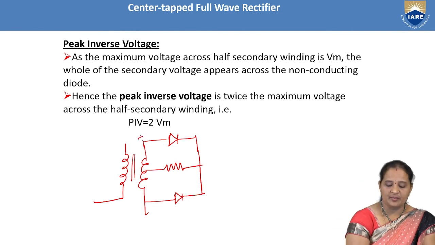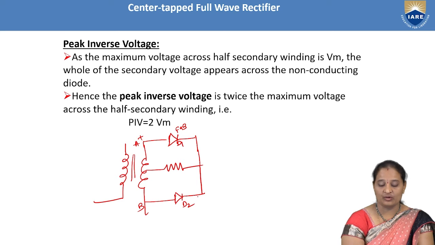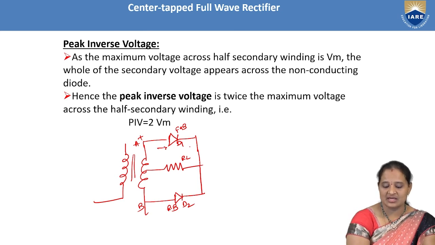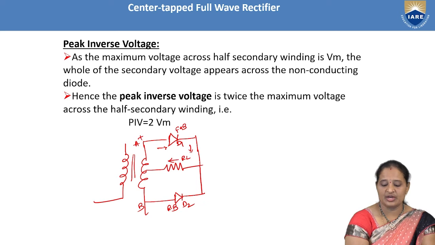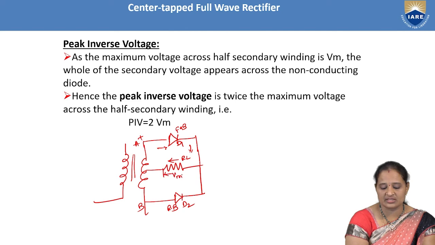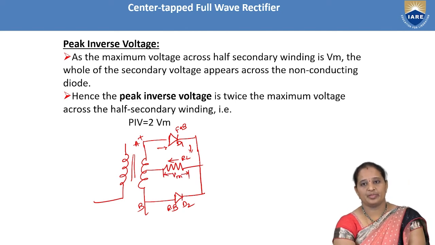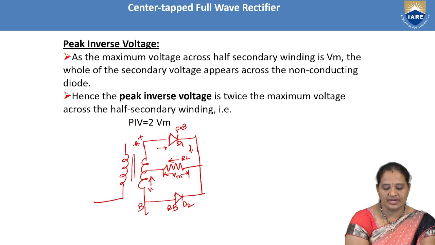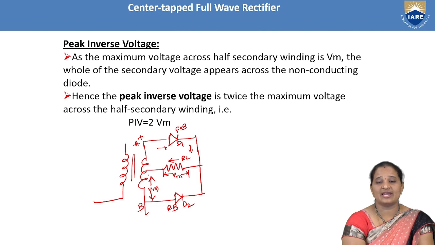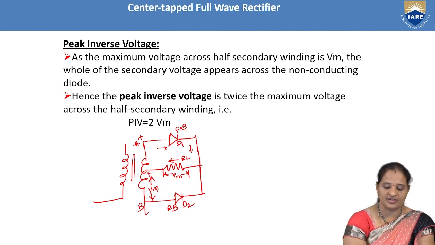So here, during the positive half cycle, what happens? Diode D1 is forward biased. This is diode D1 and this is diode D2, and D2 is reverse biased, and hence it is open circuit. As the diode D1 is forward biased, the current flow through the load resistor is due to diode D1, which leads to a voltage drop across the load resistor equal to Vm. And we even have a voltage of Vm appearing in the lower half of the secondary winding.